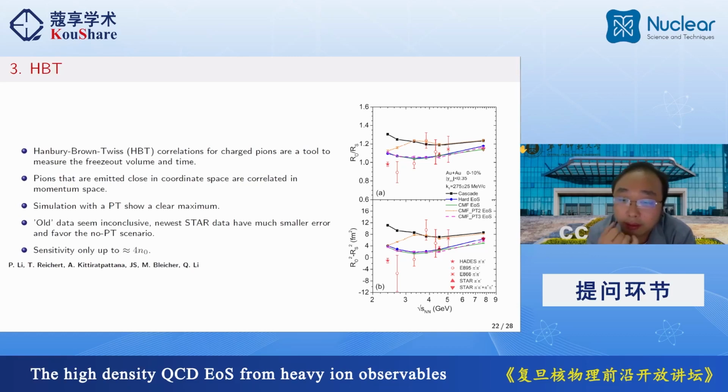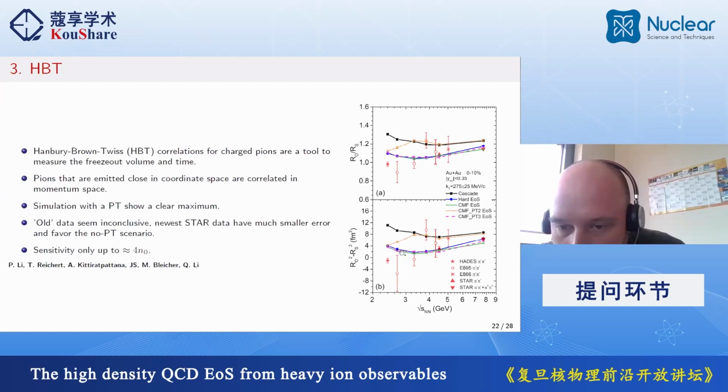The lower observable. So it looks like, why is the dashed pink higher than this blue? Okay. That means the first order has the longer.